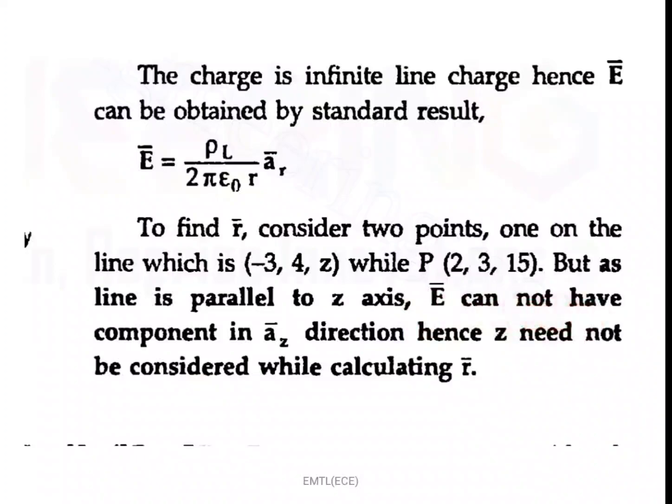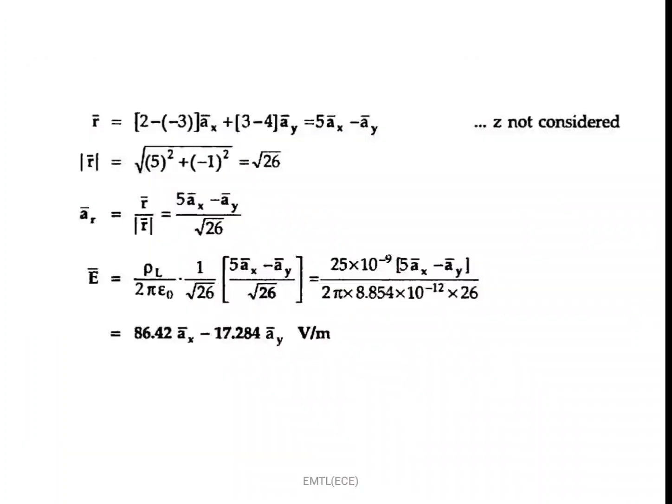E bar cannot have a component along the aZ direction. Hence, z need not be considered while calculating R bar. So simply the z term will be neglected. So R bar is equal to (2 minus minus 3) aX bar plus (3 minus 4) aY bar.